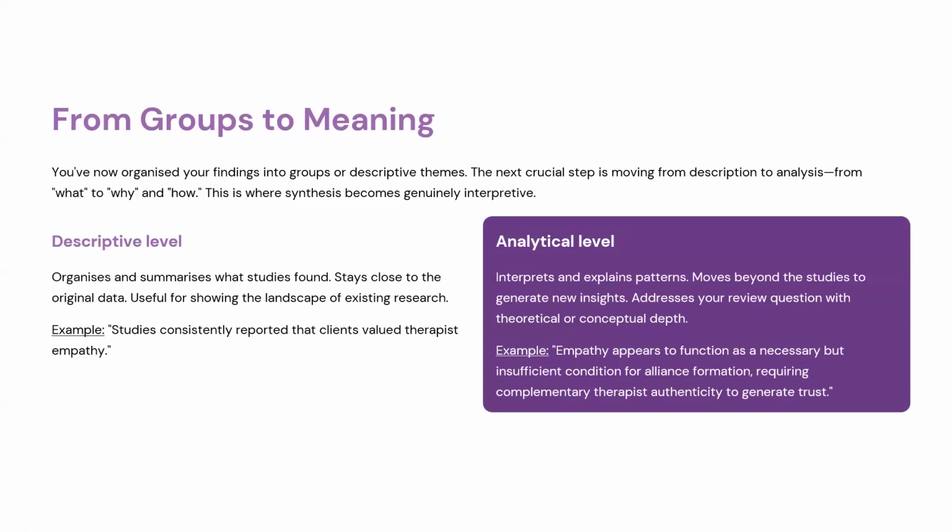It moves beyond the studies to generate new insights, and it addresses your research question with theoretical and conceptual depth. An example would be: empathy appears to function as a necessary but insufficient condition for alliance formation, requiring complementary therapist authenticity to generate trust.